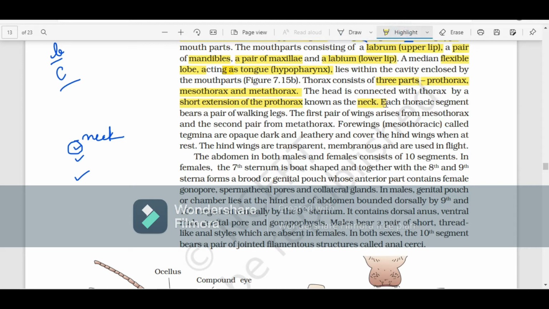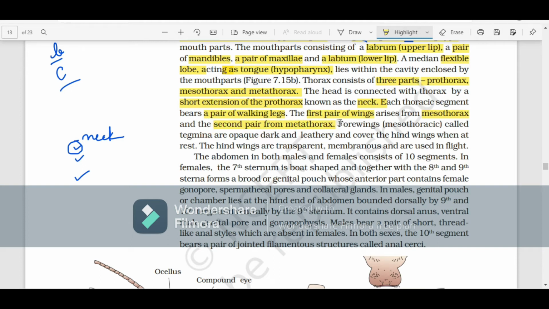Each thoracic segment bears a pair of walking legs. But not all the segments have wings. The prothorax doesn't have wings, because the first pair of wings arises from the mesothorax and the second pair from the metathorax. But the legs start right from the prothorax.